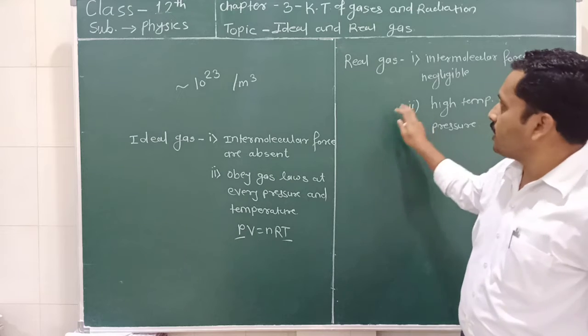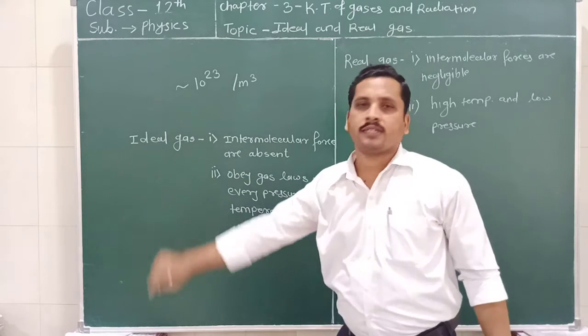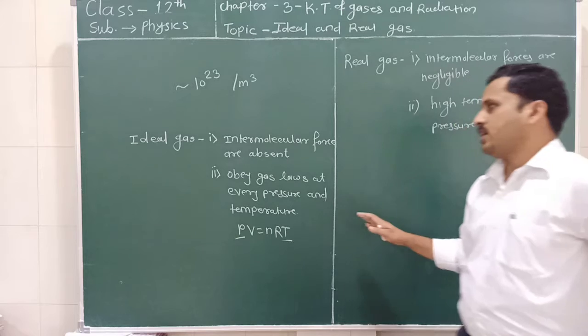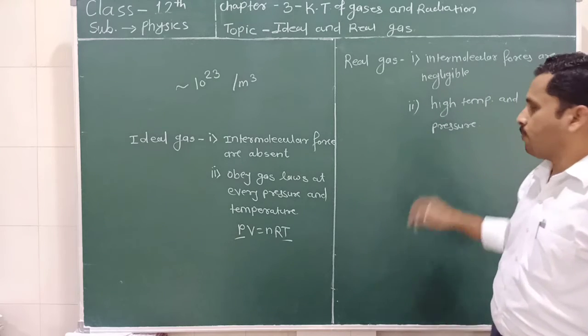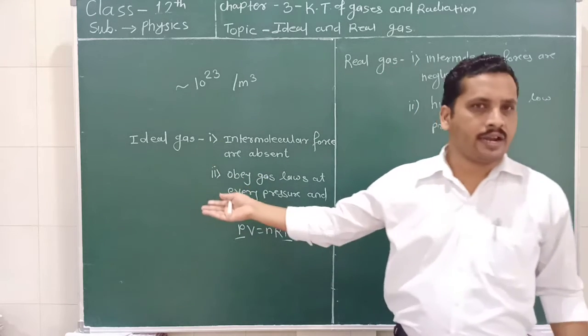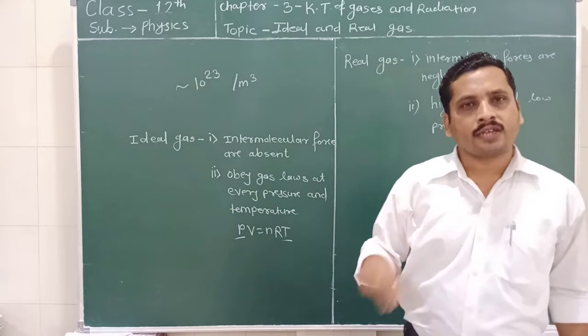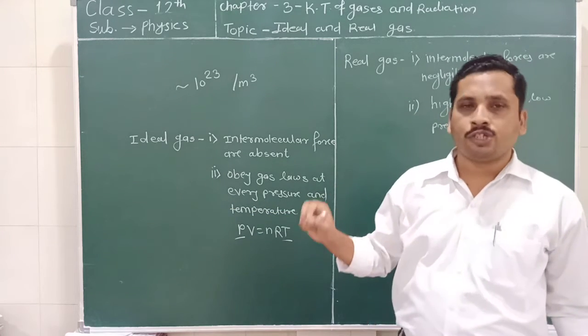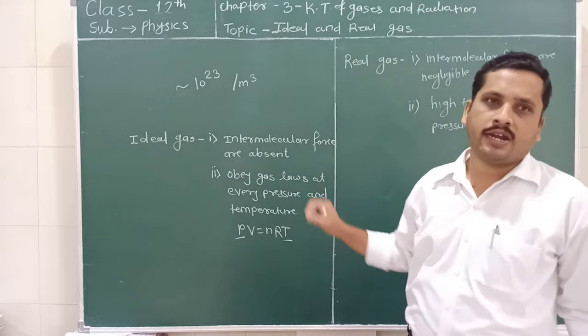Then this real gas may behave as an ideal gas. So in such conditions, high temperature and low pressure, the real gas may act as an ideal gas, and the kinetic theory of gases is applicable. Assume that the gas is an ideal gas.